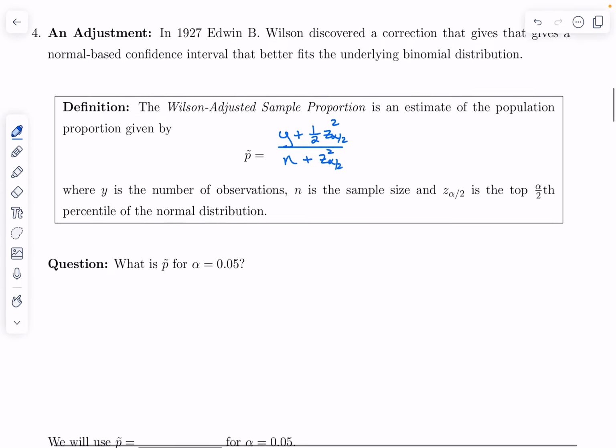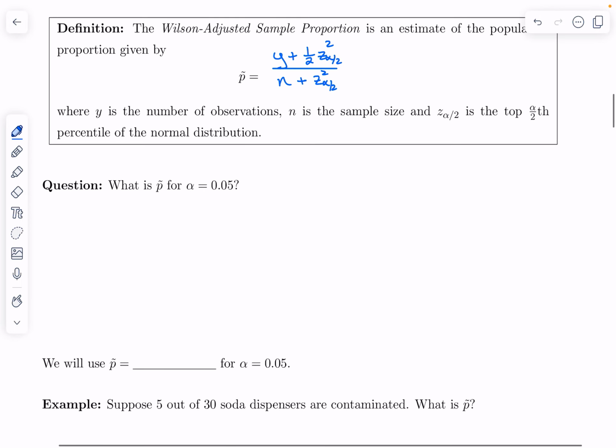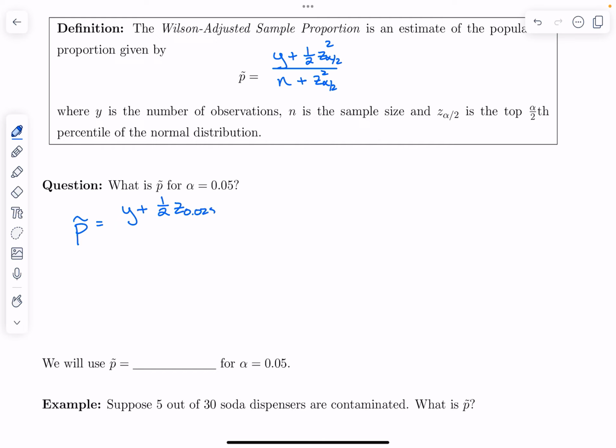Okay, so what is p tilde if alpha is 0.05, which is a common alpha that we often use? Well, p tilde in this instance is y plus 1/2 z 0.025 squared over n plus z 0.025 squared.